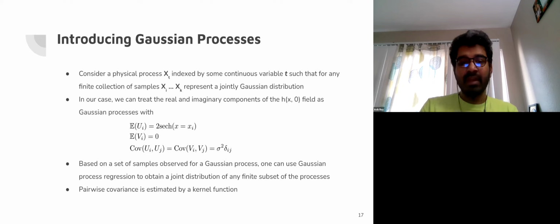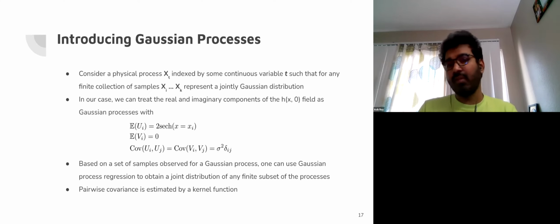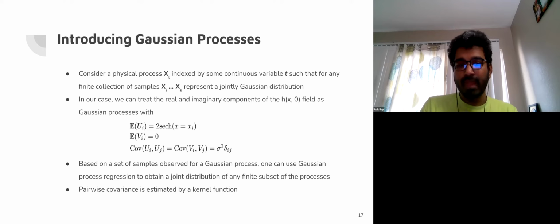You can think of this physical process x_t as a collection of random variables. So if you sample it at any given time instance, you get a random variable. And if you take a finite collection of samples, they will jointly represent a Gaussian distribution, and that is what we mean by a Gaussian process.